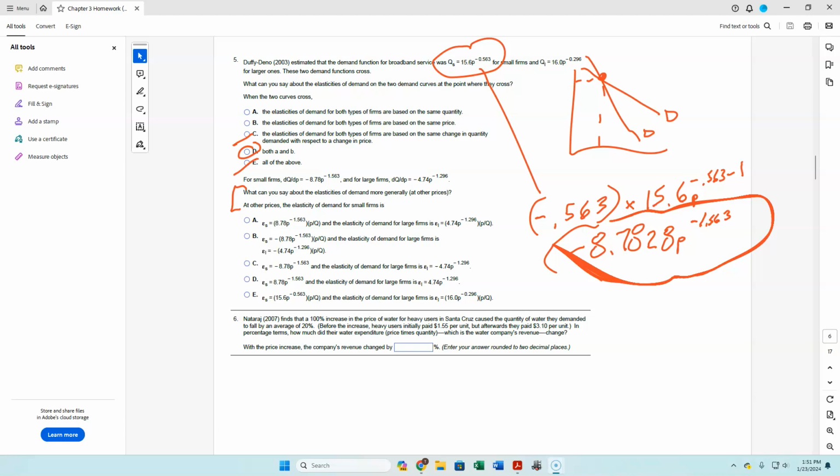The form that that takes is my elasticity of demand for small firms would be negative. There you go.